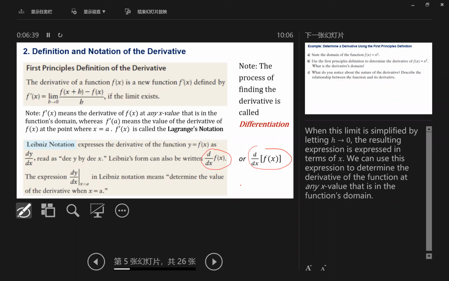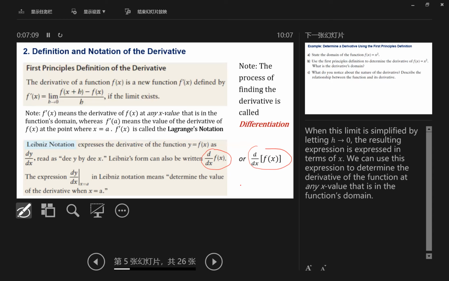Any questions? Okay, so basically this is the concept of the derivative of a function f(x). There are two notations. You can use either the Lagrange notation, which is f prime of x, or the Leibniz notation, which is dy by dx, or d f(x) by dx, which means the derivative of f(x) or derivative of y with respect to x.